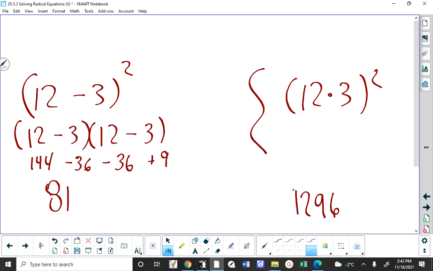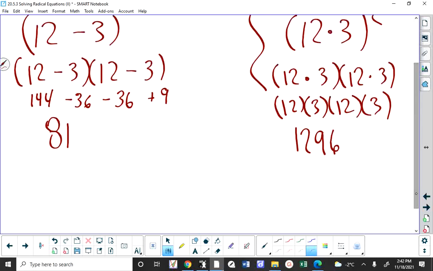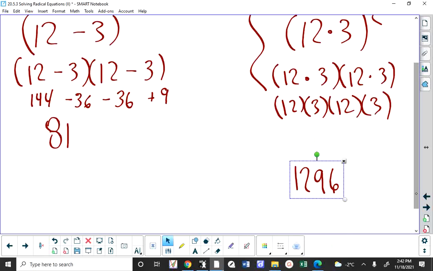Your question now, and I am getting to the answer, is why did we do what we did here? And the reason is 12 times 3 quantity squared means 12 times 3 times 12 times 3. The answer to your question is, since each piece is a factor and each piece is multiplied by everything from front to back, we can put the order of these four things in any order we want.